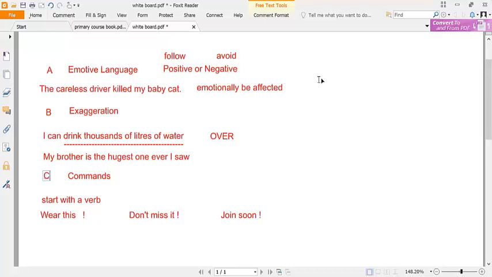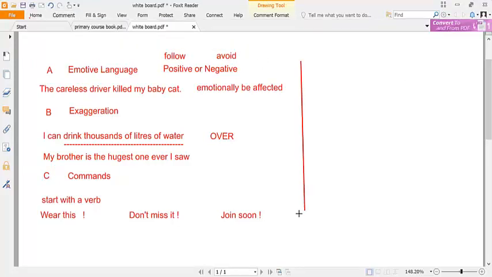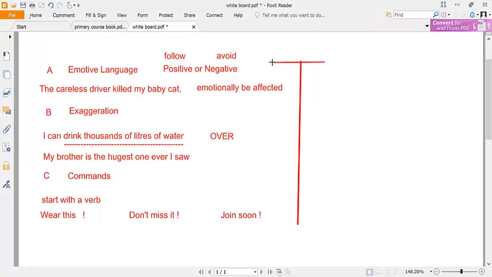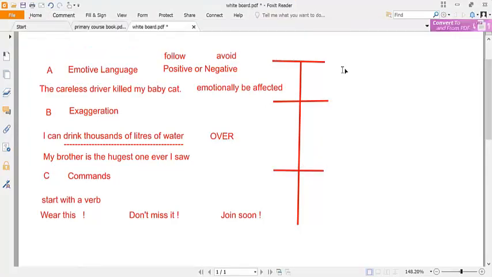Okay, clear إن شاء الله. Now, before we continue, I need you to write 3 sentences: one about emotive language, a sentence about exaggeration, and a sentence about orders or commands. Start writing quickly, please.